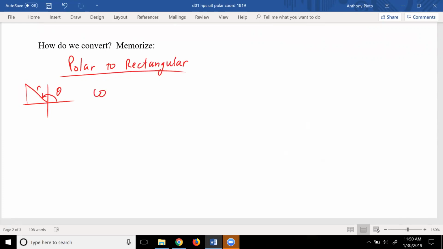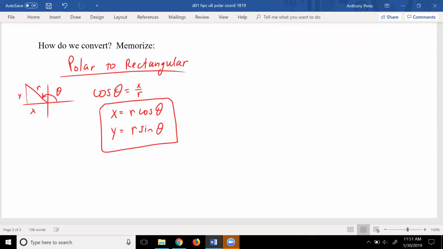So what we know is that cosine of theta, and I'm going to throw x and y in here too, cosine of theta is equal to x over r. So x is simply equal to r cosine theta. Likewise, y is equal to r sine of theta. And that's how you would go from polar to rectangular.